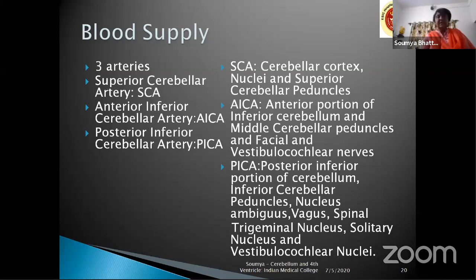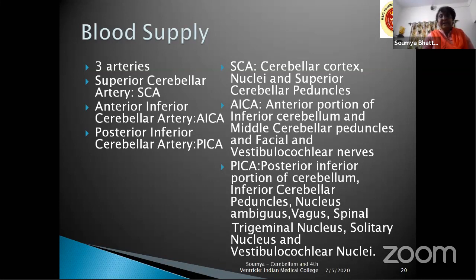So the three arteries are the superior cerebellar artery, which supplies the superior cerebellar peduncle and mainly the cerebellar cortex. Then the anterior inferior cerebellar artery, which supplies the middle cerebellar peduncle and the vestibulocochlear nerve, and the posterior inferior cerebellar artery. It supplies, most importantly, the vestibulocochlear nuclei and the inferior cerebellar peduncle.